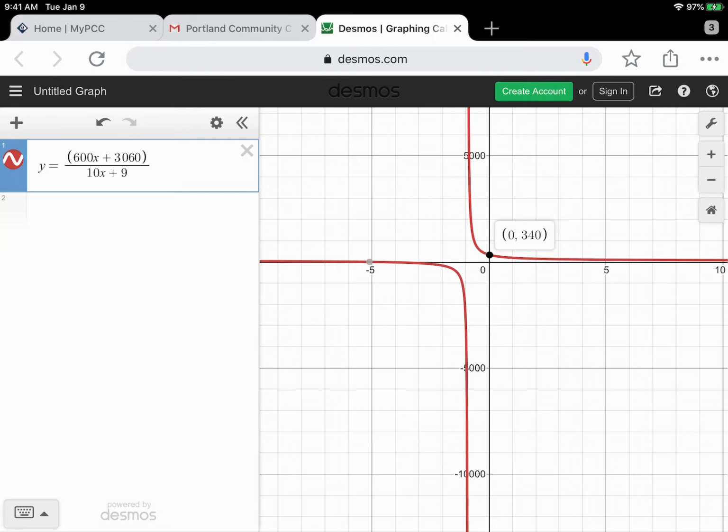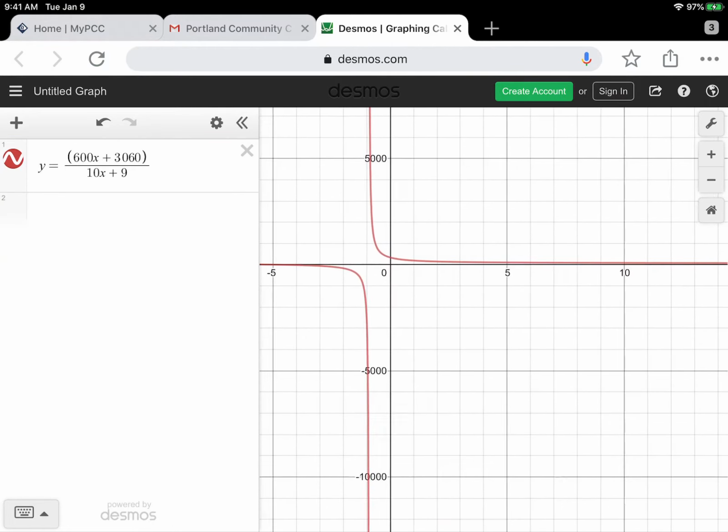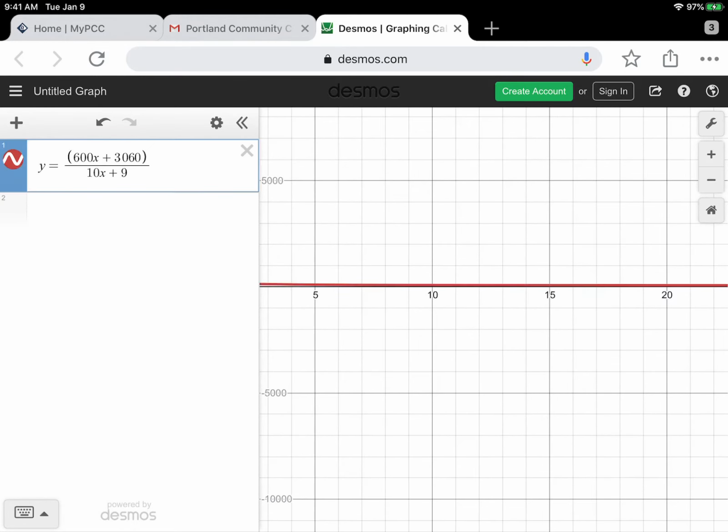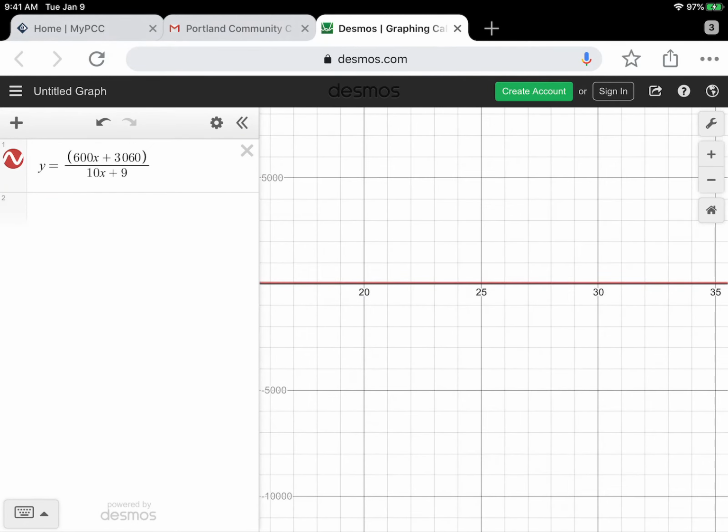Okay? Now, it says how many deer live in the forest 28 years after 1900. So what I want to do there is find, well, here's 5. That would be 5 years after. I don't want that. There's 10. There's 15. So 28 is probably somewhere around here, right?